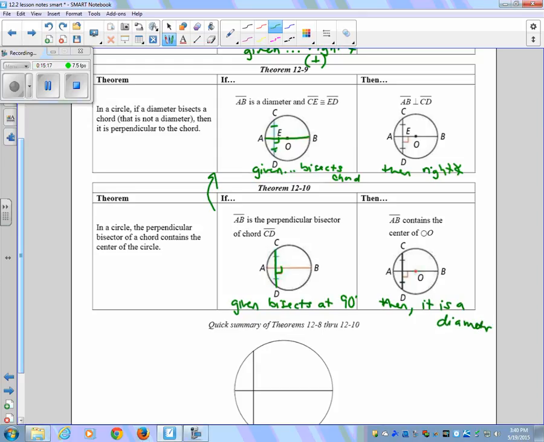This thing that's bisecting it at a right angle has to be going through the center. In other words, it's a diameter.